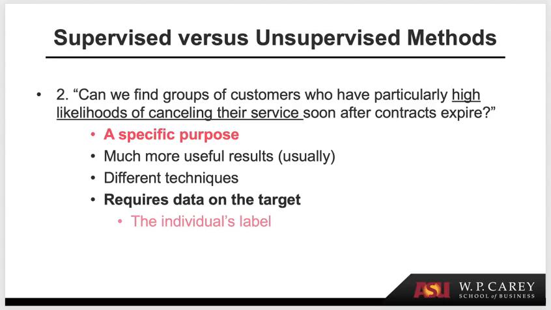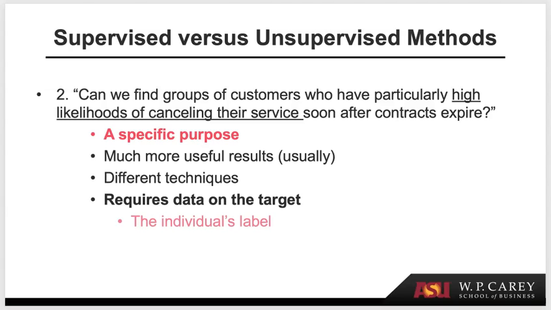What is it? It is whether or not a customer cancels the service. If so, yes, we can encode it as 1. Otherwise, no, 0. That's the target outcome, which is, in this case, binary. So this is an example of a supervised data mining method.